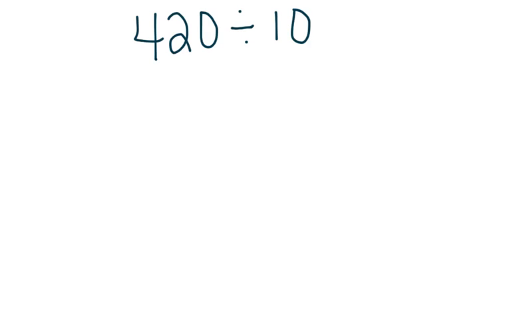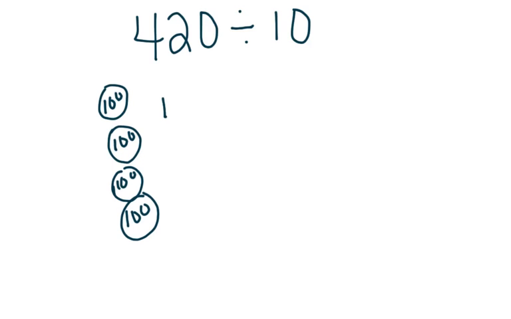When we're initially looking at this problem, we're asking ourselves, what happens when we have 4 hundreds and 2 tens? And we're dividing those into groups of 10.